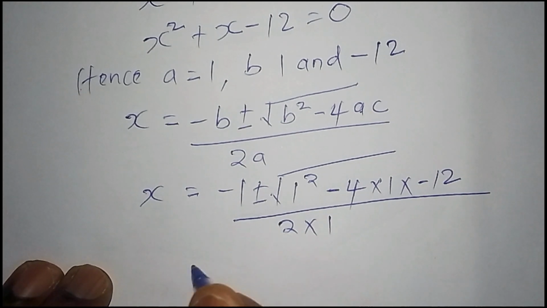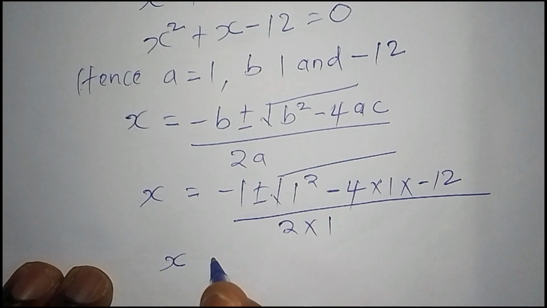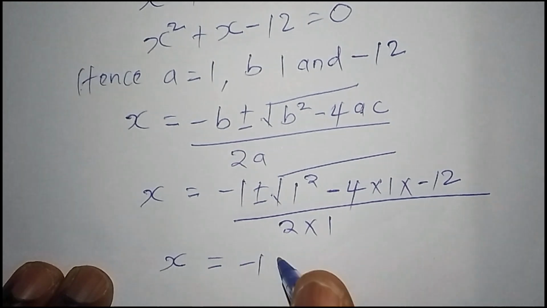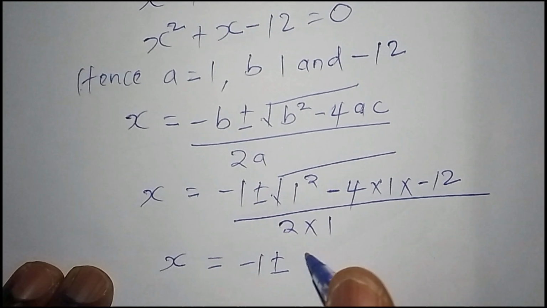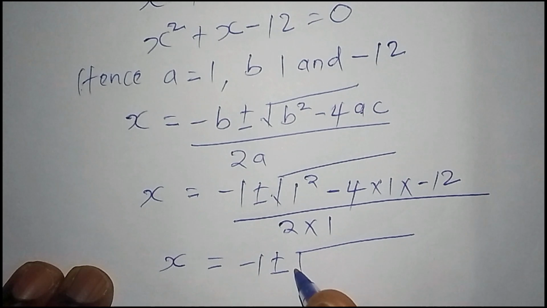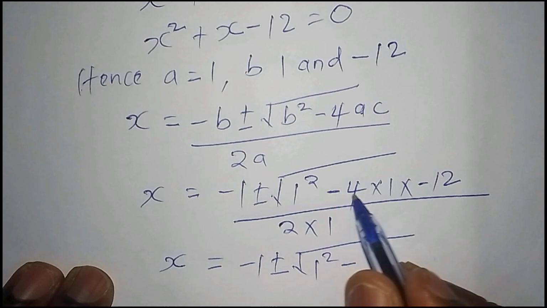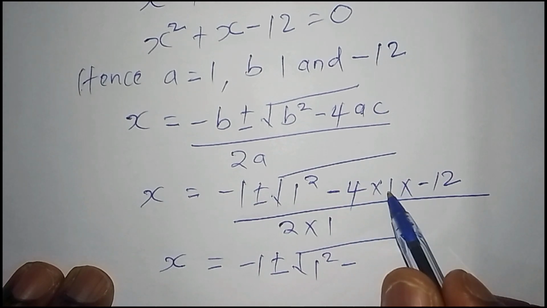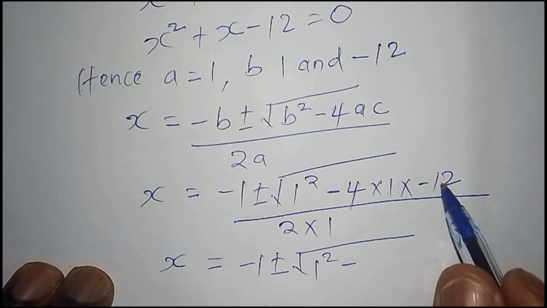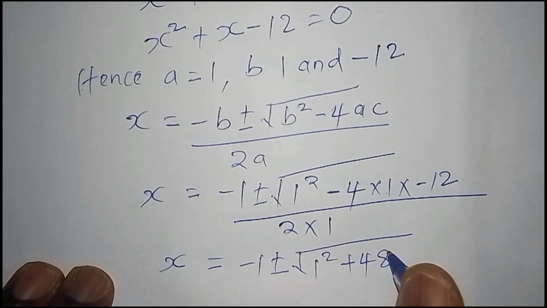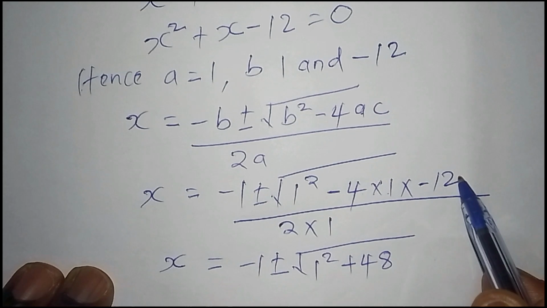So here we shall say that now x is equals to minus 1 plus or minus the square root of 1 squared, minus, so I want us to work out all this. 4 multiplied by 1 is 4, multiplied by minus 12. So we shall have plus 48, because minus 4 times 12 is minus 48.